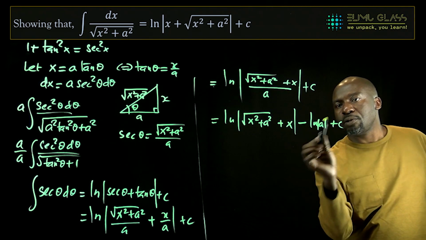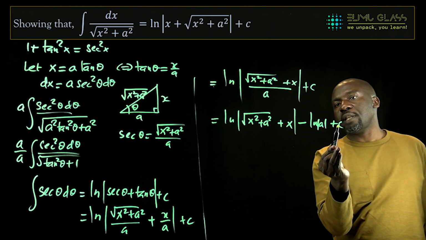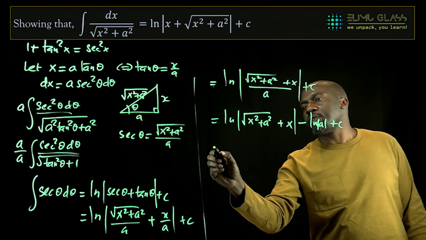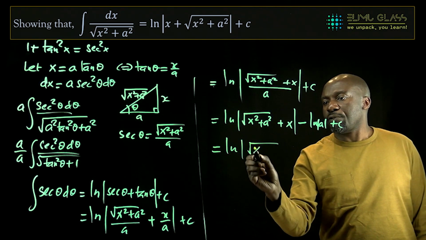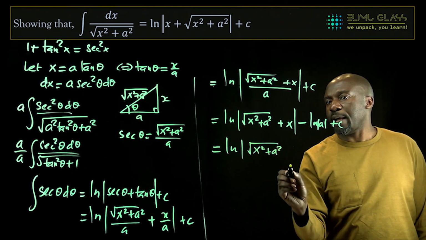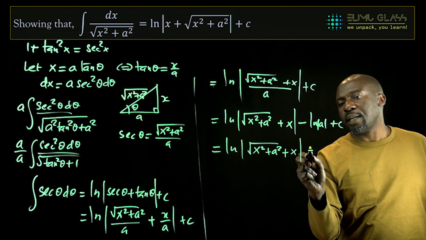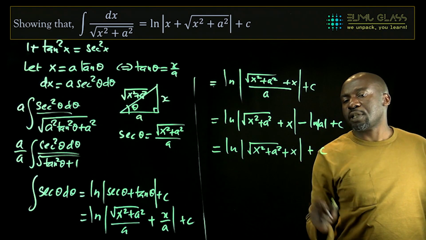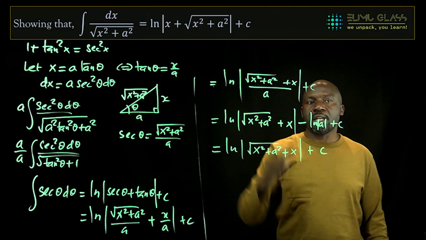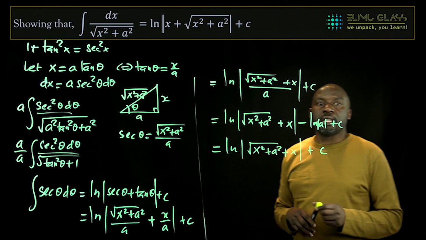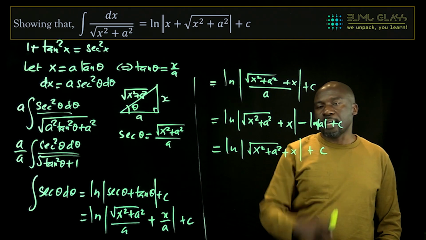Now a is a constant, so ln a is a constant. If I combine that constant and this one, I just get another constant. And so I can write this as ln of the root of x squared plus a squared plus x, and then plus some new constant c. I could use a or whatever it is. And we have shown that the integral of that expression results in this.